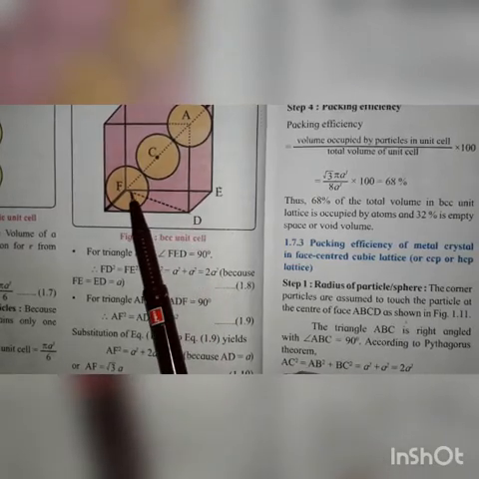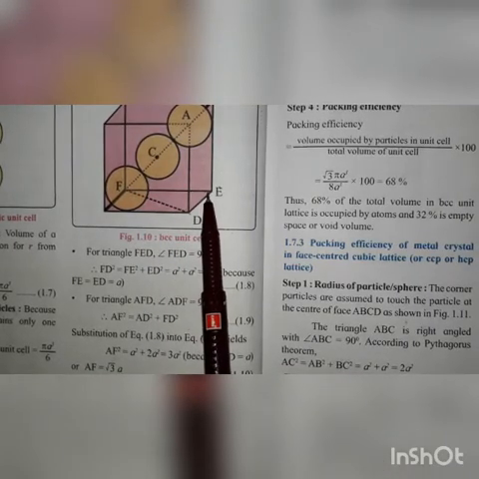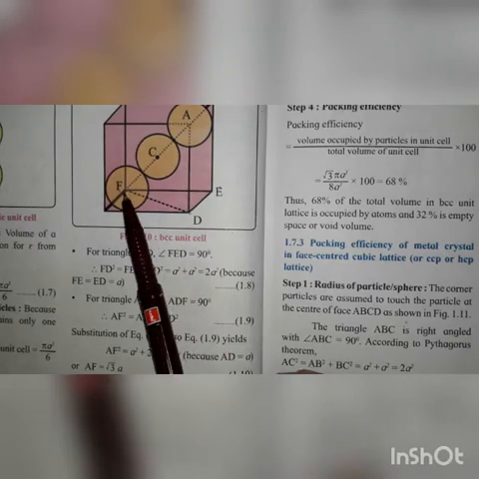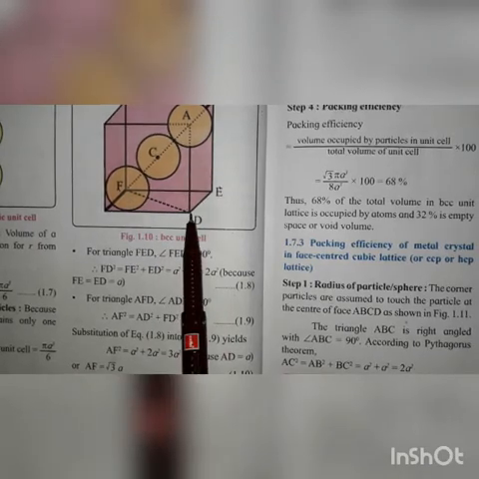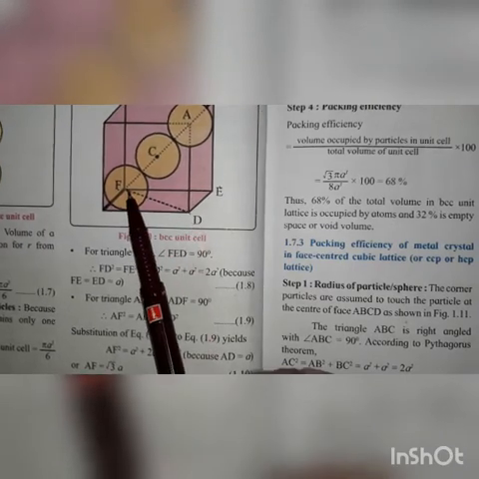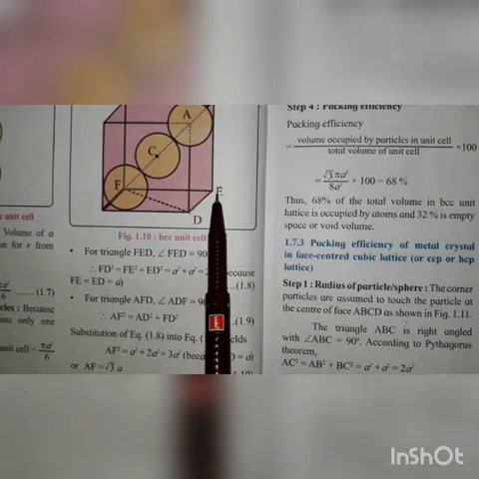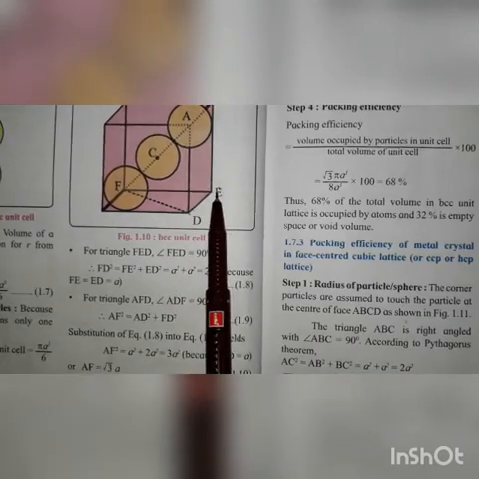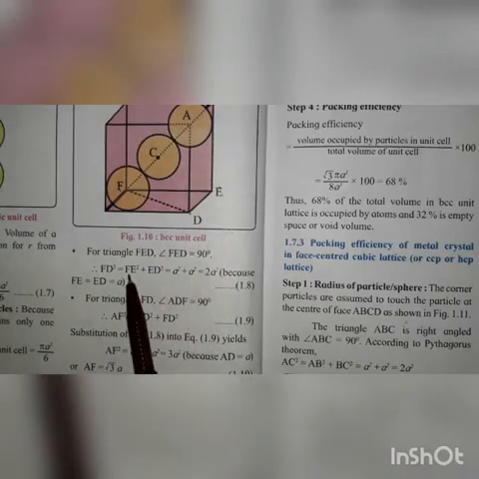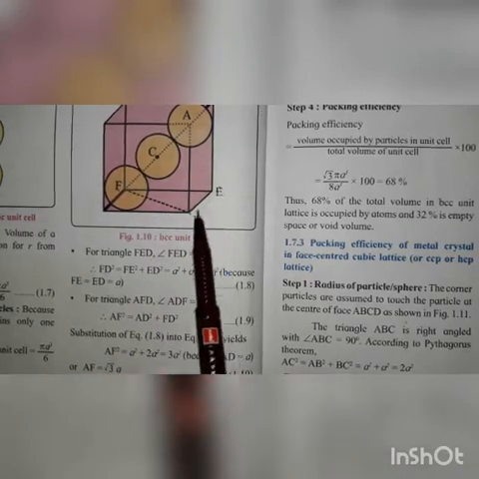This is a cube, so all the corners are 90 degrees, so angle FED is 90 degrees, and opposite 90 degrees the side present is FD. So FD is the diagonal. What Pythagoras theorem says is: FD square is equal to FE square plus ED square.